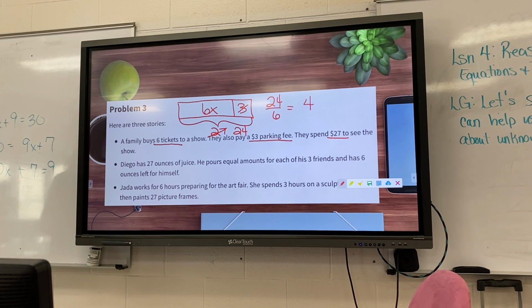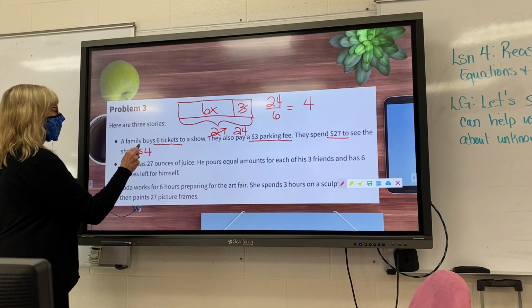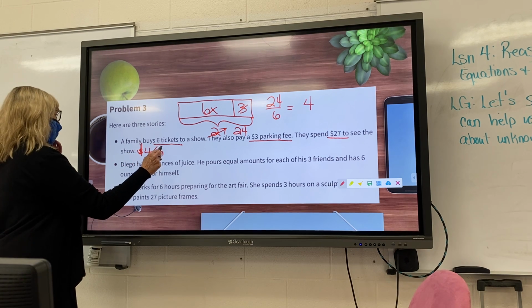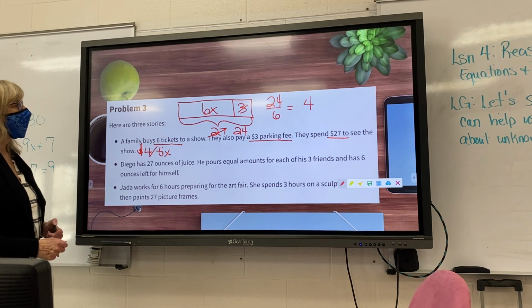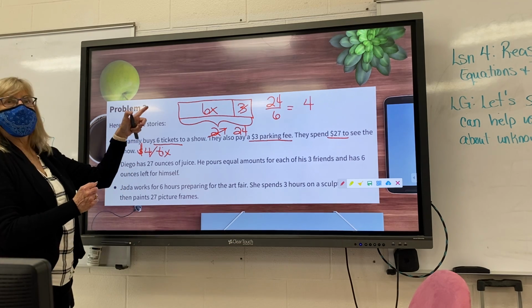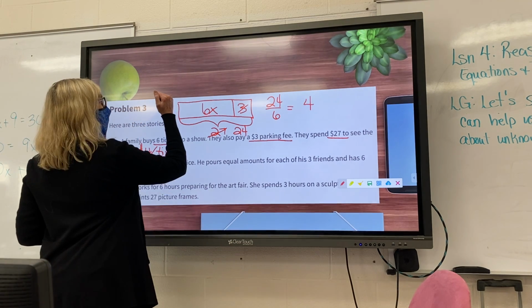Awesome, $4 per ticket. Did I lose anybody? No. Tape diagram's getting a little easier. I think so. All right, can I erase? So we can do problem 2?